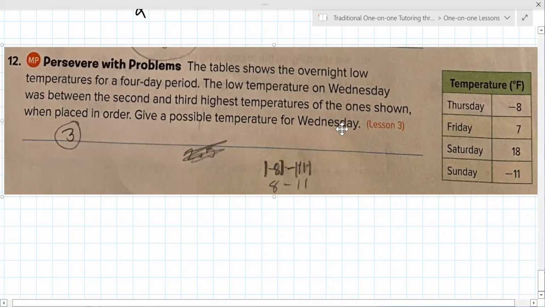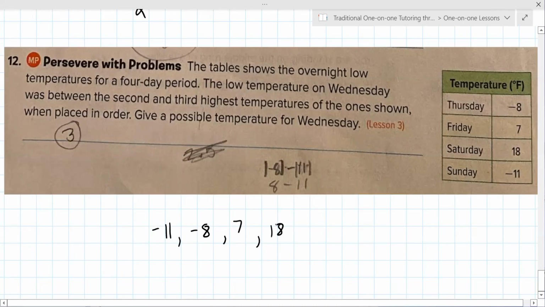So it's telling you to put these numbers in order. What I would tell you to do is put them in order, which means the smallest is -11, followed by -8, followed by 7, followed by 18. Yeah, that's what I thought.